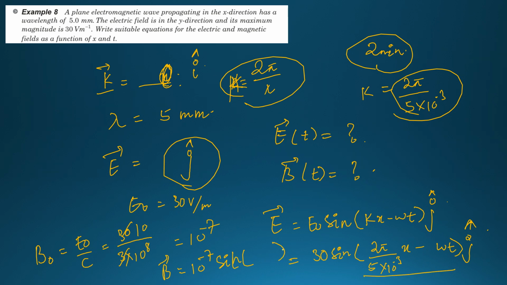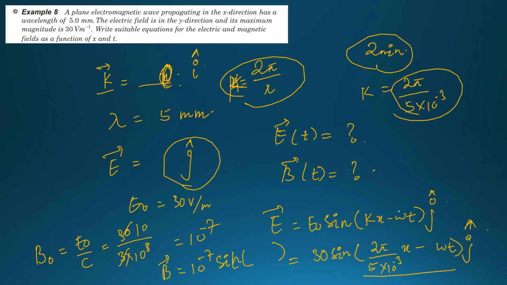But what is the direction of magnetic field? See, if you see, electric field is in which direction? J cap. The whole electromagnetic wave is in which direction? X direction. That means I cap.